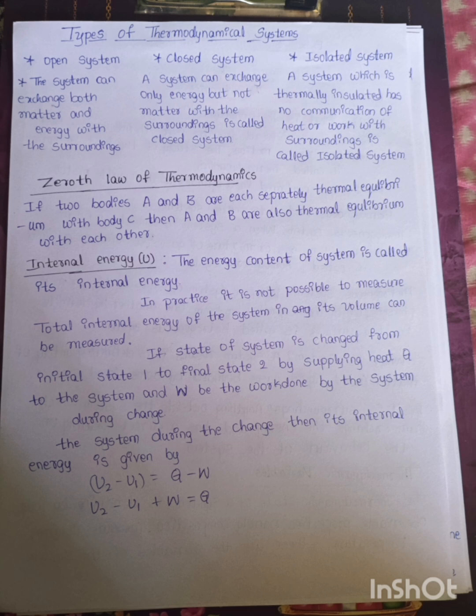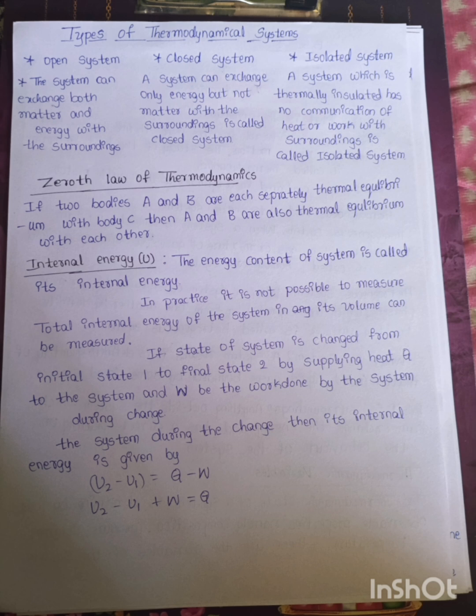Internal energy. The energy content of a system is called its internal energy. In practice, it is not possible to measure the total internal energy of a system, but its change can be measured.